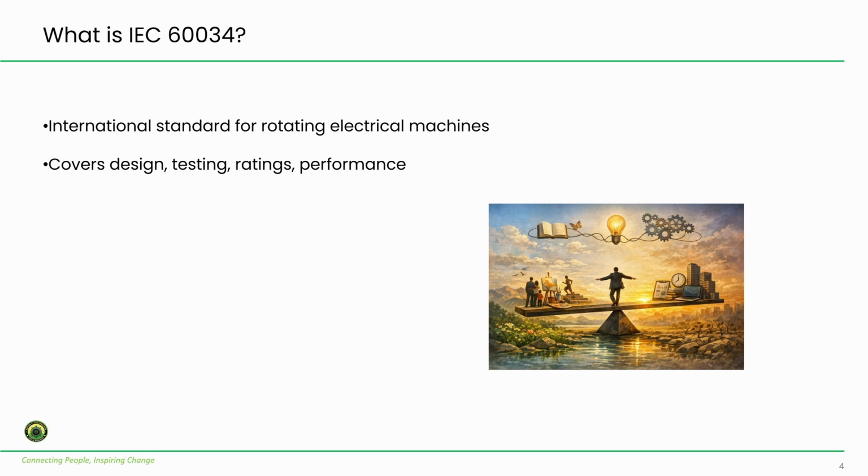So we are going to look at all the aspects of these requirements: how ratings are defined with respect to frame sizes, what are their thermal limits, what are the different insulation classes, and then how these machines are getting cooled. Based on that, their categories are there.